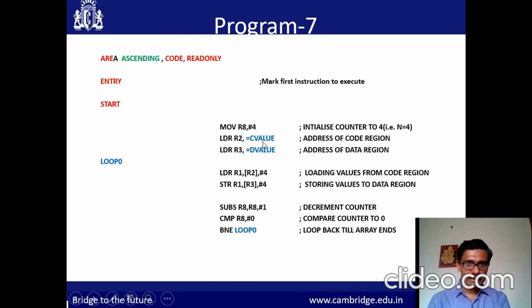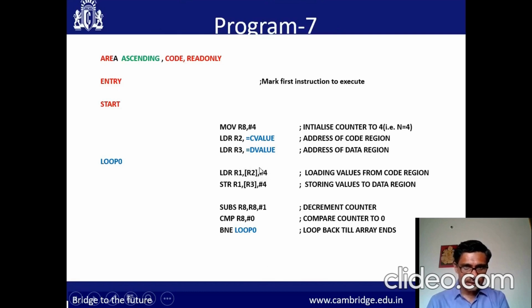Next we are copying the starting address of the array C value to R2 and the starting address of the array D value into R3. Here we are copying this memory location content into R1. What is the meaning of this hash 4?